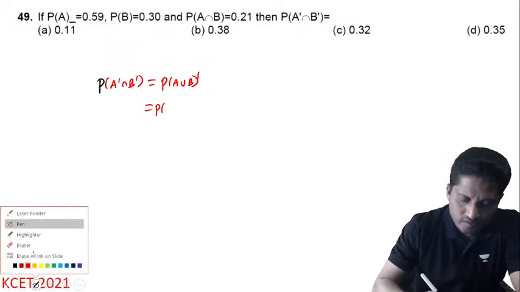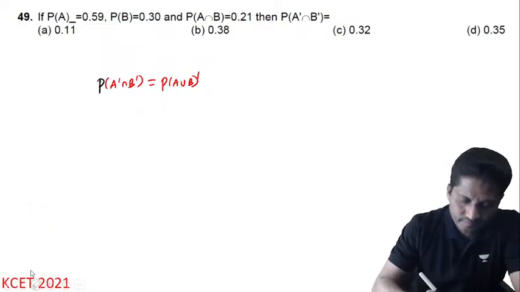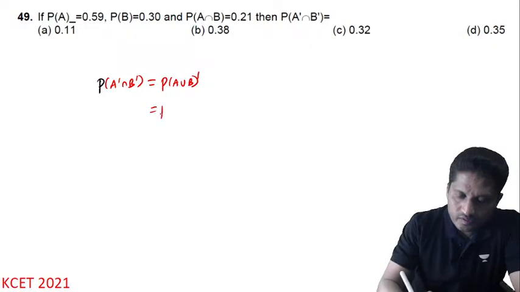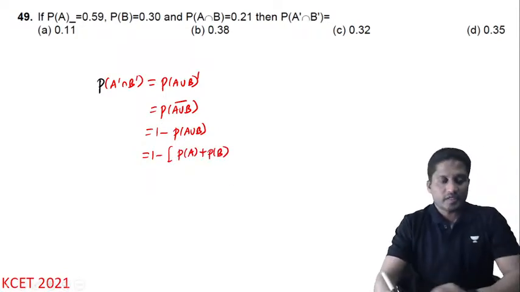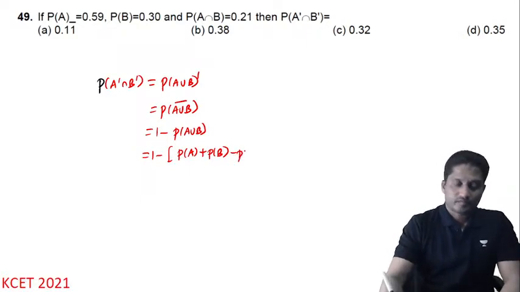P of A bar is equal to 1 minus P of A, right? This is same as P of A union B whole bar. P of A bar is 1 minus P of A, which is equal to 1 minus of P of A plus P of B minus P of A intersection B.